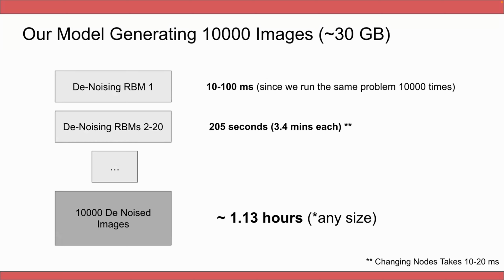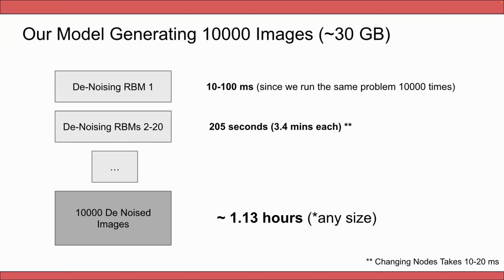However, where our model shines is when we try to generate more images from the same noisy distribution. Say we try to generate 10,000 images from the same noisy vector. The constraint with quantum annealers is not the quantum part, but the classical part, essentially setting the values of the nodes, setting the values of the weights and the biases.